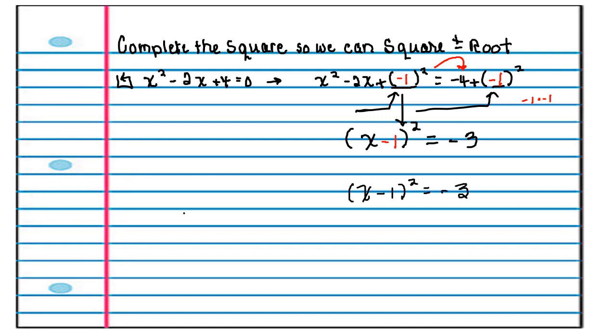Okay, the whole reason why we do this is so we can square root both sides. Complete the square so we can square root. And anytime we square root, the value is always going to be a plus minus radical. And so we have the x minus the 1.